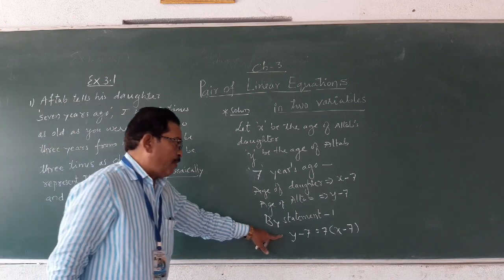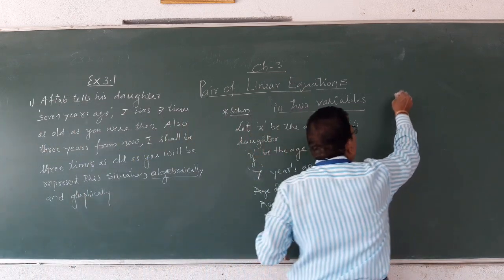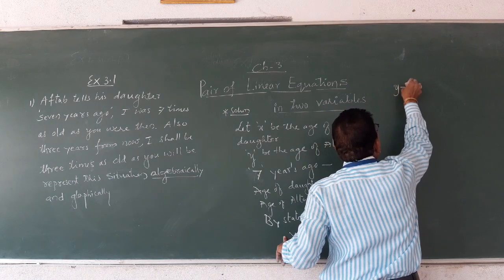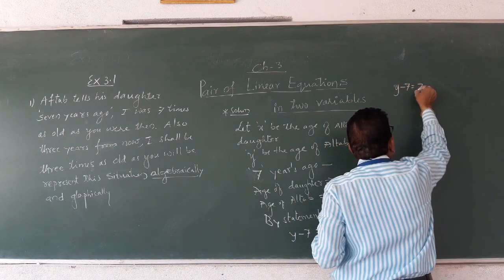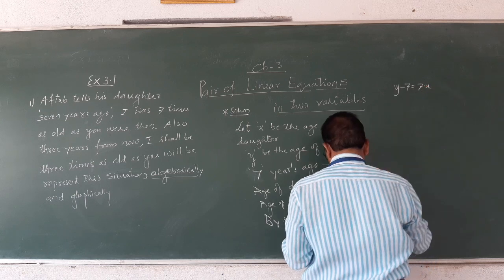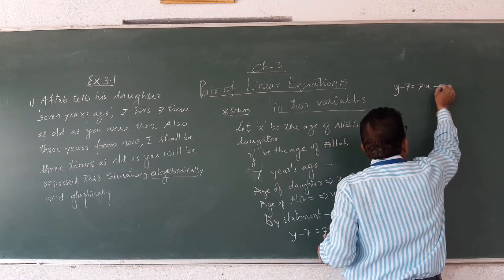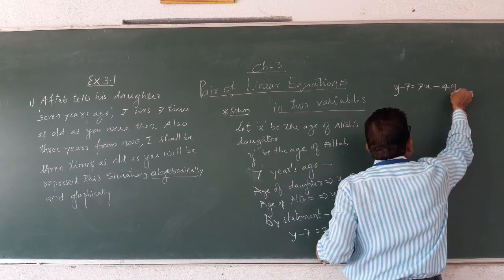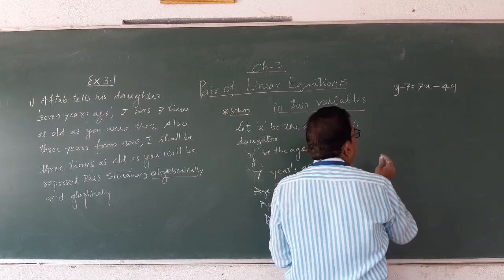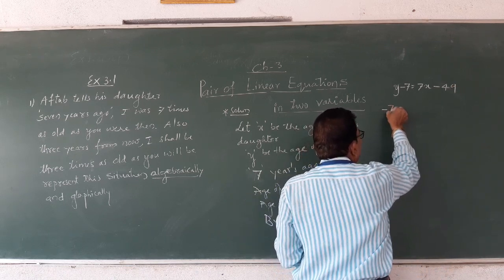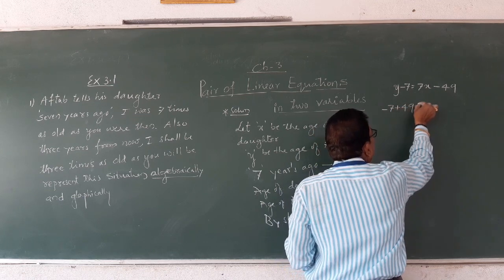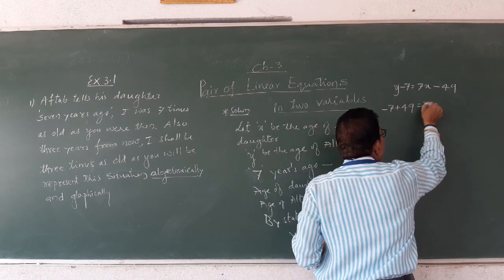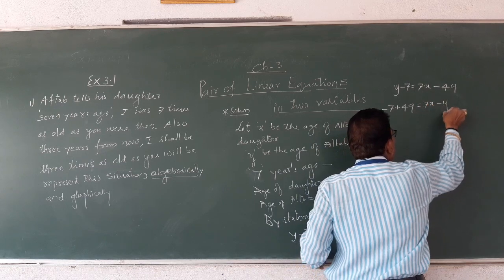Here we have to simplify this one. Y minus 7 equals 7x minus 7 sevens are 49. Plus 7 plus 49 equals 7x minus y.